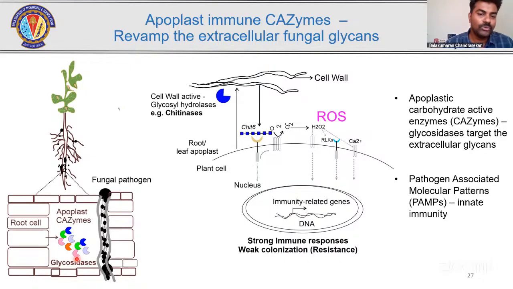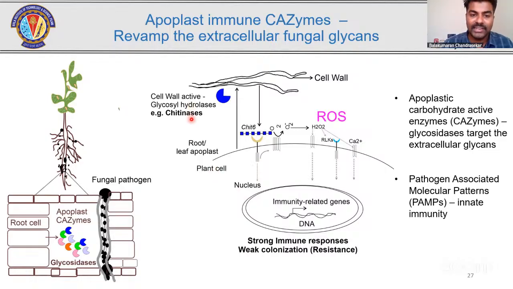What is known so far in the plant fungal interaction field is that the plant secretes a lot of enzymes called chitinases, and these chitinases act on chitin and release chitin oligosaccharides, in this case the hexamers of chitin, that's chitohexose. These are recognized by the PRRs, the pattern recognition receptors, and that leads to activation of enzymes, RBOHD, and this leads to the formation of reactive oxygen species, which will be converted into hydrogen peroxide that will activate several receptors in the plant membrane, and ultimately it will have a robust immune response.